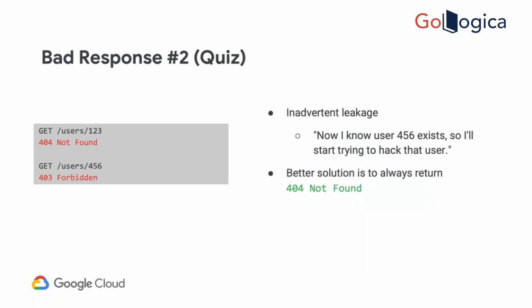But as soon as they get 403, this means this is a valid user ID, and they will try to hack. So in order to prevent the hacking, even if the user ID exists but the consumer does not have access, we should provide a 404 not found, so that we are telling it does not exist, so that if it is a hacker, they will go away.